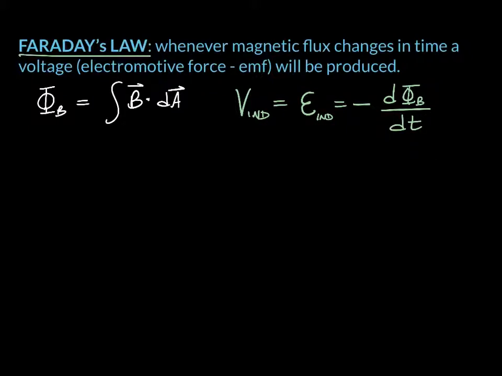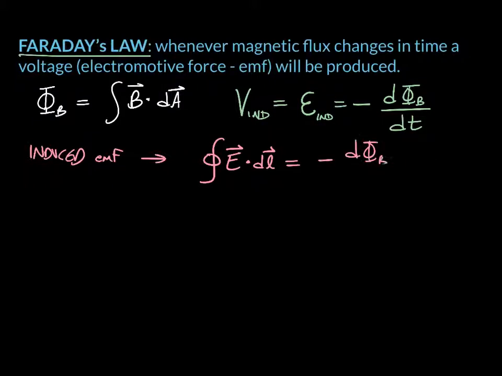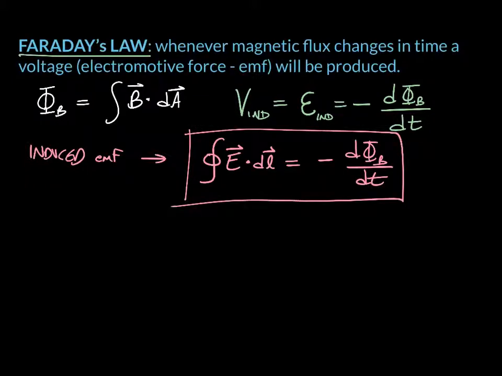But this induced EMF is actually the summation of the electric field around the loop, and so it's actually the surface integral of the electric field along the length of the conductor is equal to this changing magnetic flux.